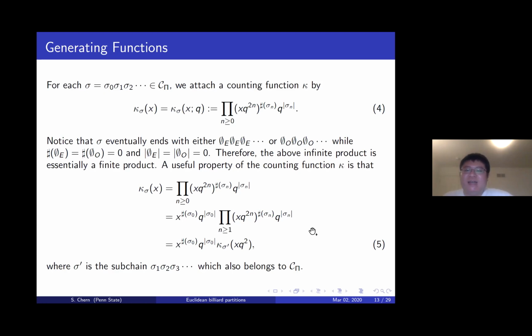And we can see that this one is actually kappa of sigma prime of x q squared, where sigma prime is a subchain, sigma 1, sigma 2, sigma 3, etc. And also this sigma prime is also in the set of infinite chains C sub capital pi. So let's just keep in mind this property, and then we will use it later.